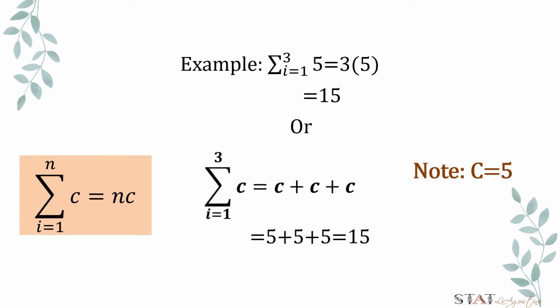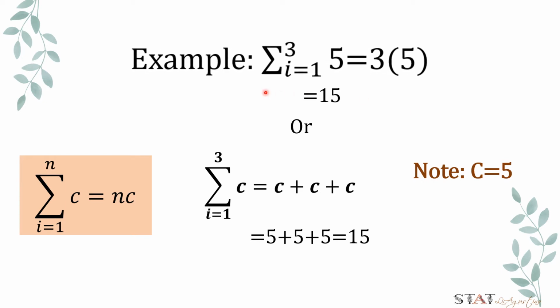For example, the summation of 5. Here, our constant, or our letter c, is 5, where i ranges from 1 to 3. Remember the previous theorem? It will be equal to nc, the upper limit multiplied to your constant. The upper limit we have here is 3, multiplied to our constant, which is 5.